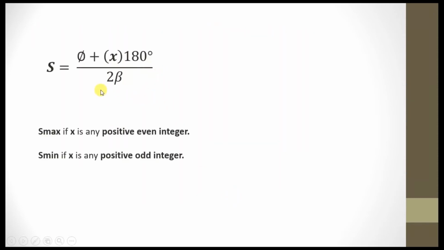To get the position, this is the formula we will use. To get S max, our x will be any positive integer, while for S min, x is any positive odd integer.